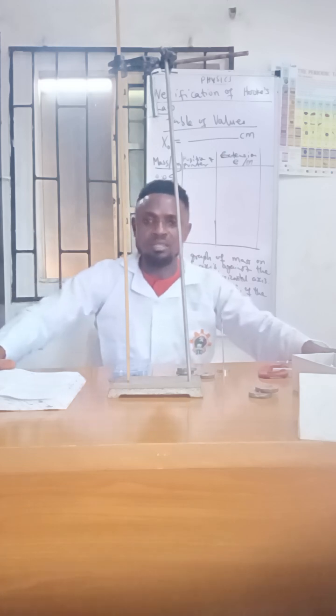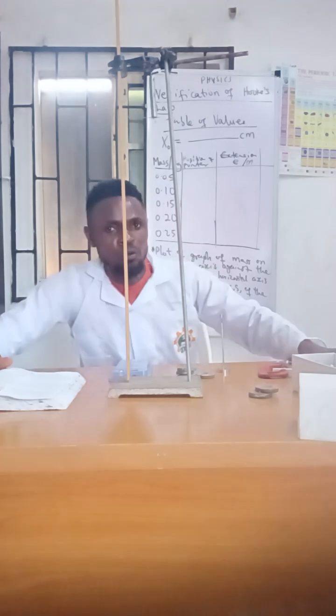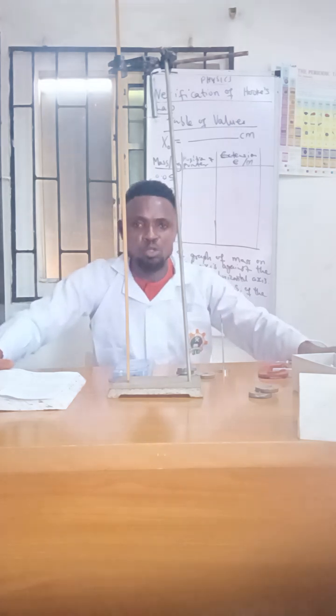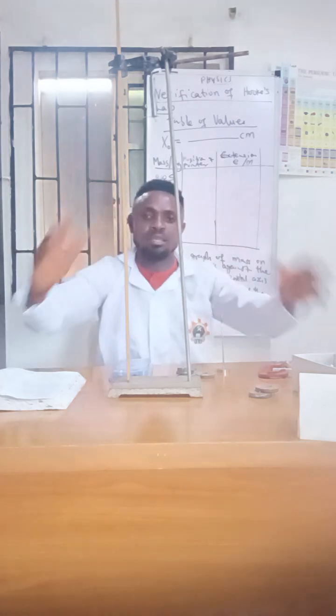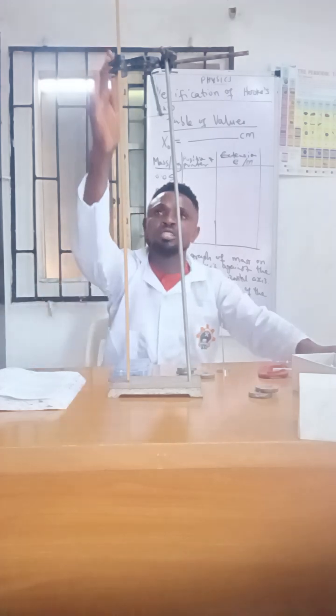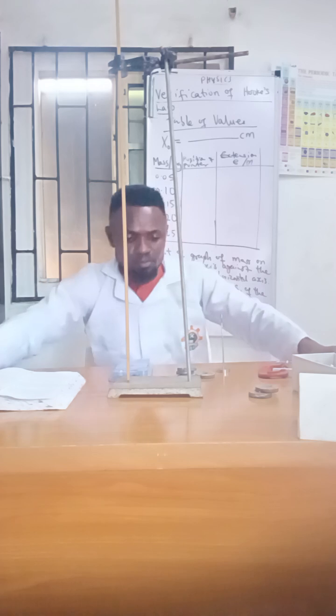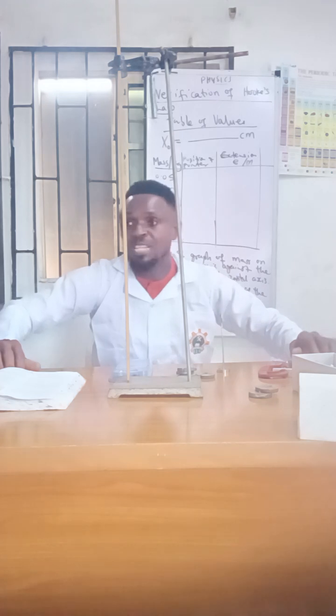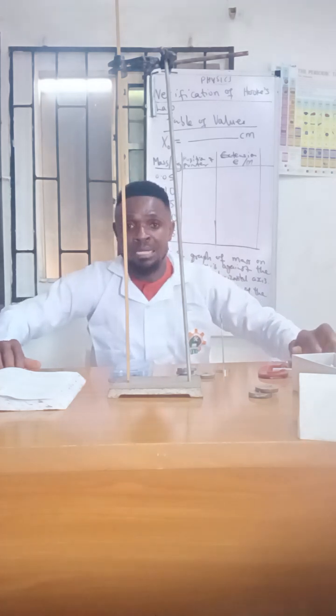So, what are the procedures to verify Hooke's law? The first thing you do, you set up the experiment as you can see on the screen. Then you determine the natural length, or the original length, of your spiral spring and tag it S naught.